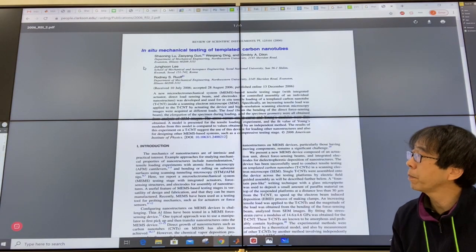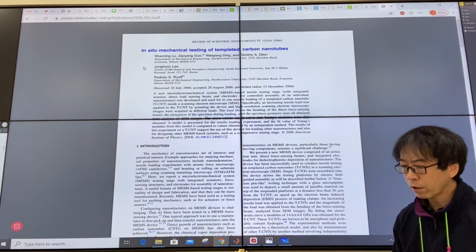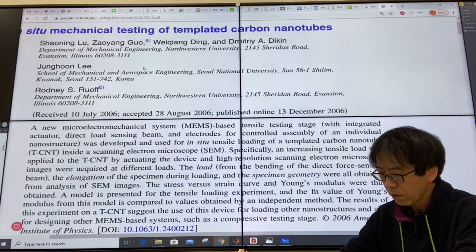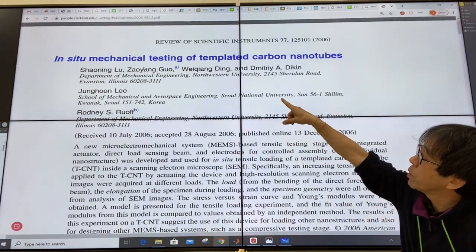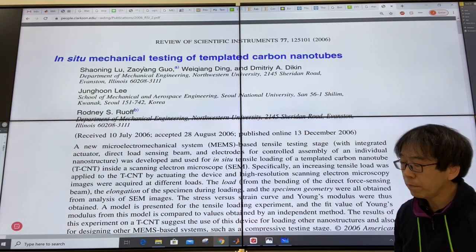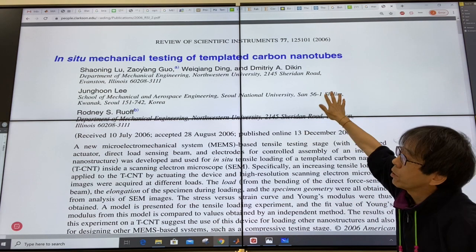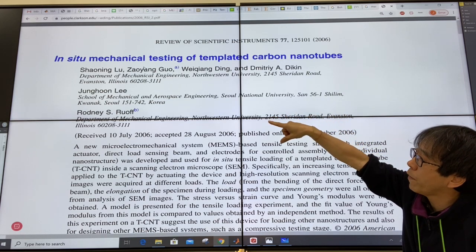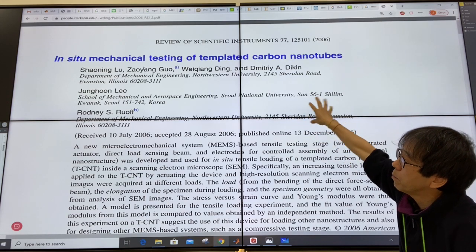You can pick up one of the papers. It says In Situ Mechanical Testing of Templated Carbon Nanotubes, written by myself, John Lee, my colleague Rodney Ruoff, and the student I co-advised with Ruoff and myself, Sharon Lu.